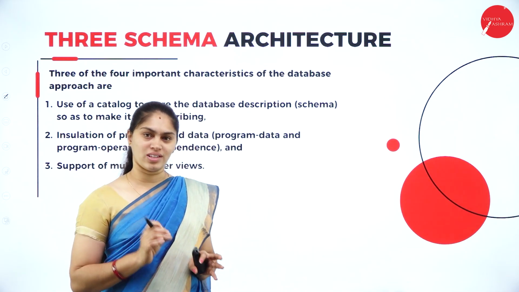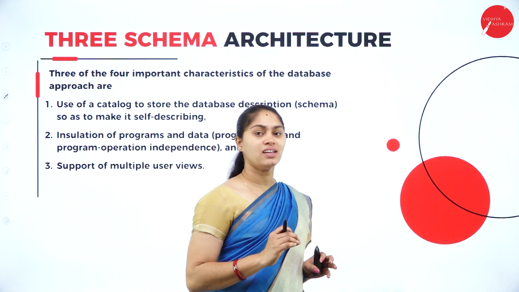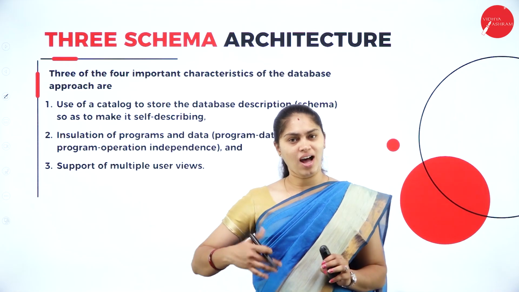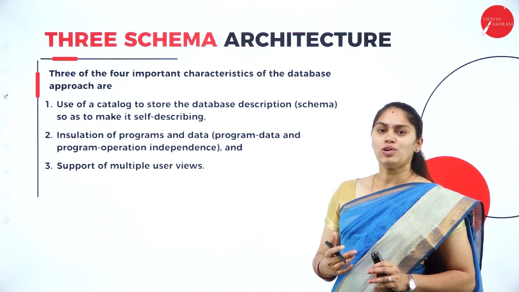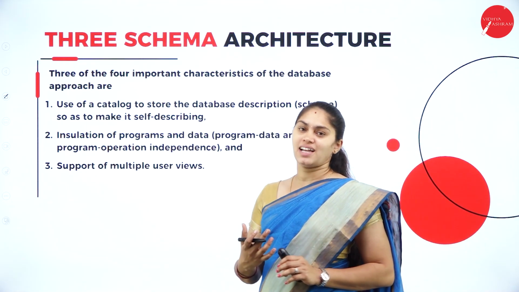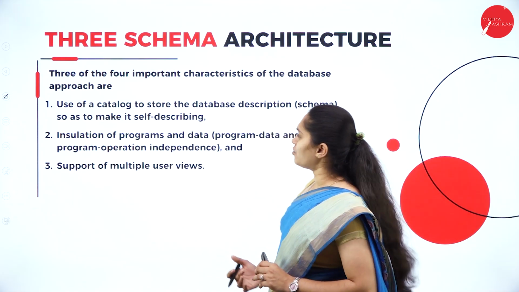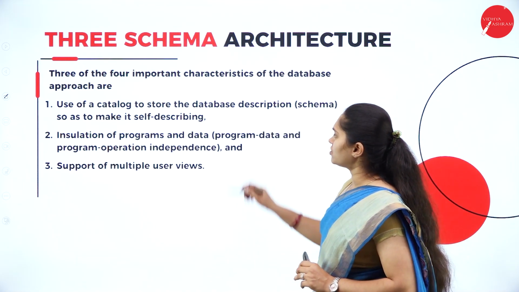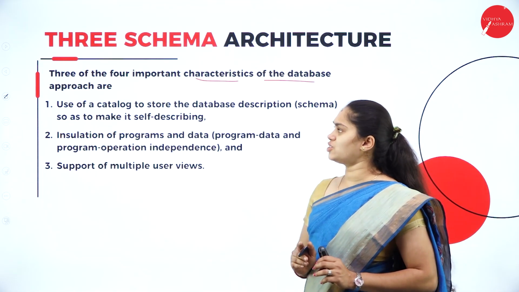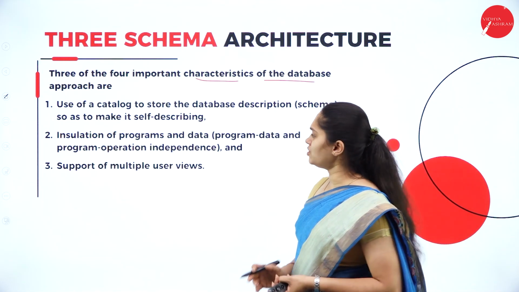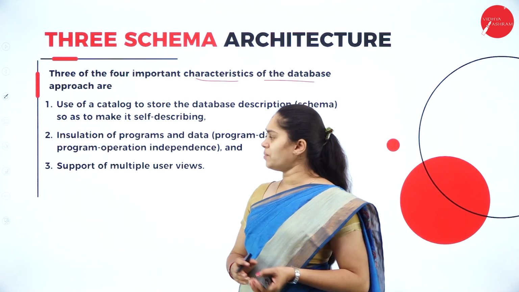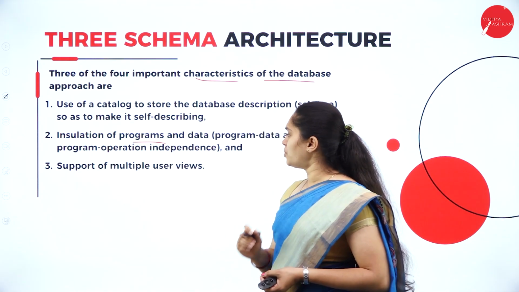You now know what a schema is, and here we have the 3 schema architecture. How do we represent or give the description of a database, and at what level? You already know the concepts or characteristics of the database: the self-describing nature and the insulation of programs and data.